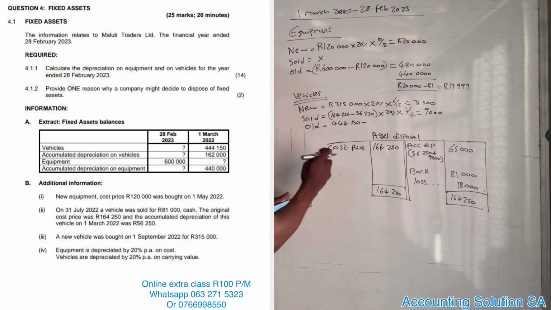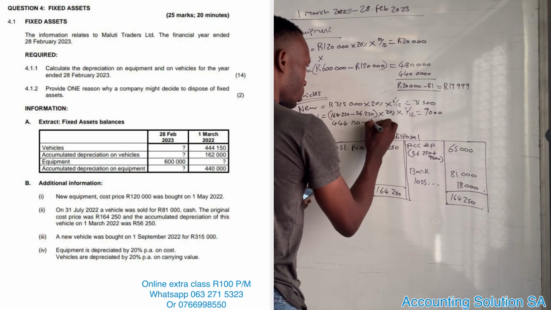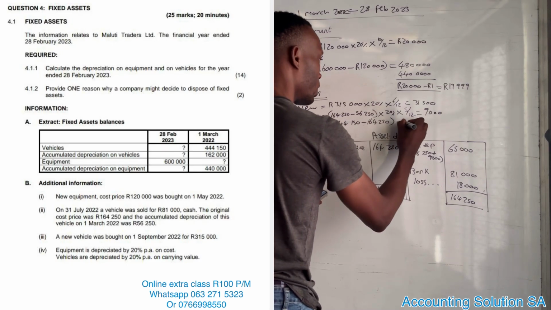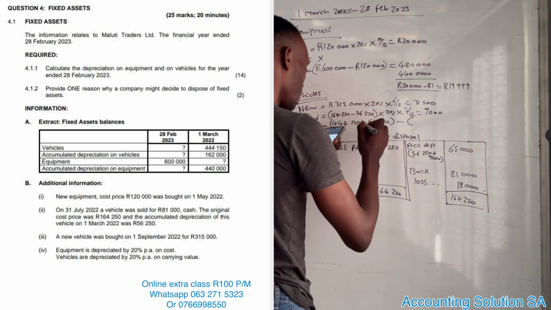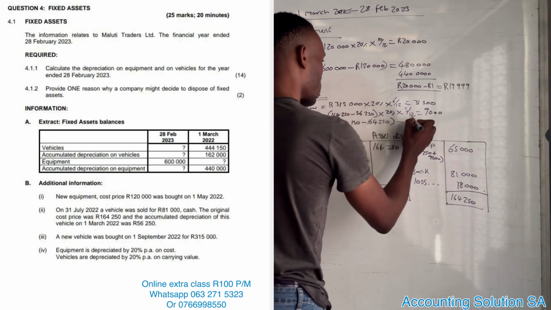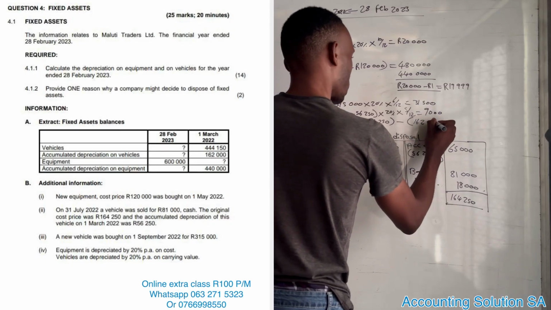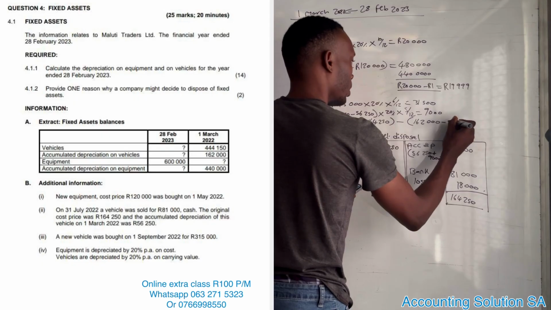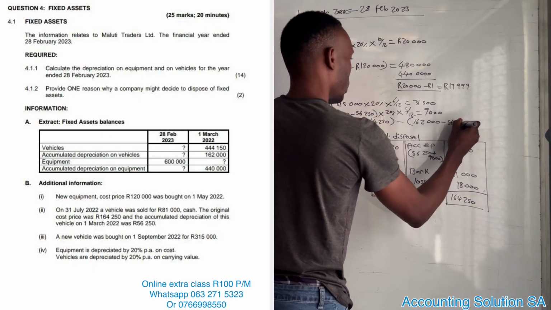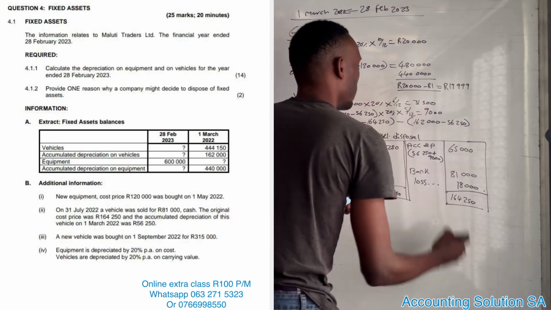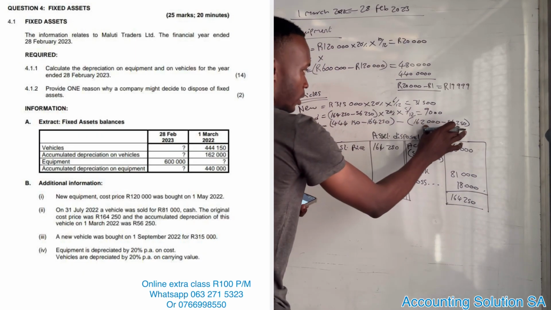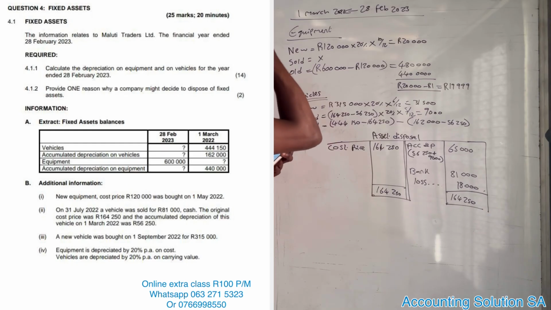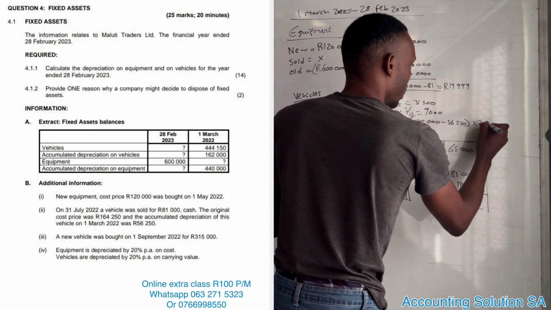So we have to remove 164,250, which is the cost we subtract. Accumulated at the beginning was 162,000, but we must also remove the accumulated of the sold one, because we already calculated it and it was recorded, since this is the opening balance. You get an answer here and an answer here, you subtract them, and after that you multiply by 20%.